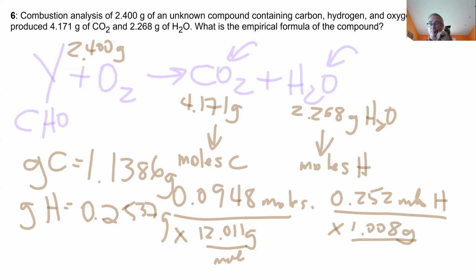Now, whatever's left over has to be oxygen. So if we started with 2.4 grams of compound Y and 1.138 grams of it is carbon and 0.254 grams of it is hydrogen, the rest is oxygen. So how many grams of oxygen do I have?